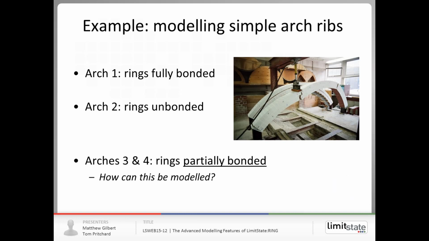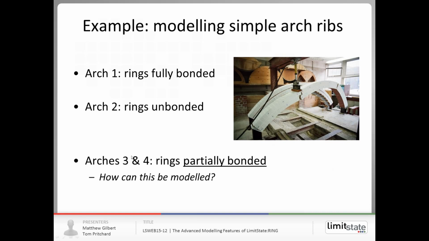So we actually tested 4 arches. The first arch had fully bonded arch rings. The second arch had unbonded arch rings. Arches 3 and 4 had partially bonded arch rings. And I'll show you how you can model each of these scenarios.